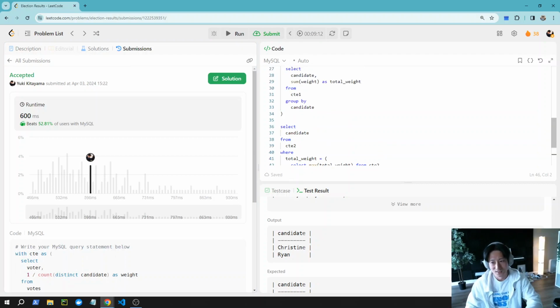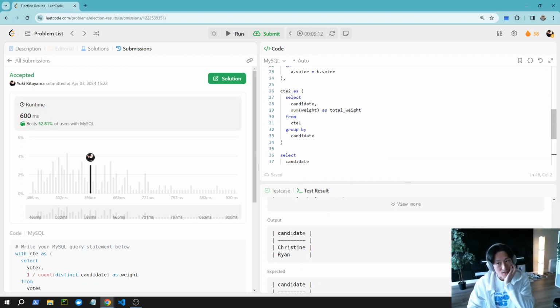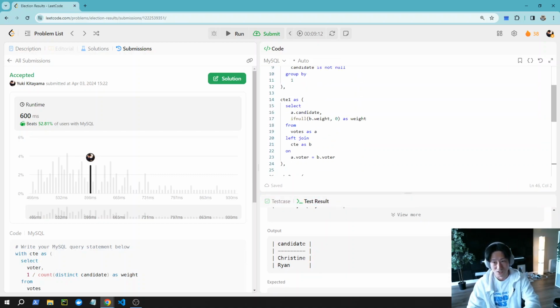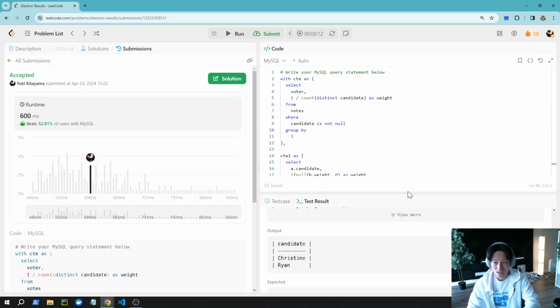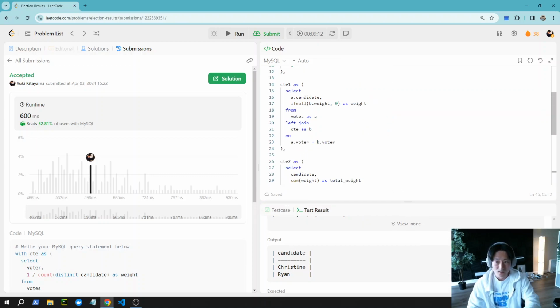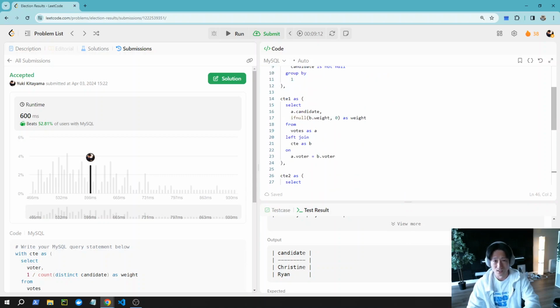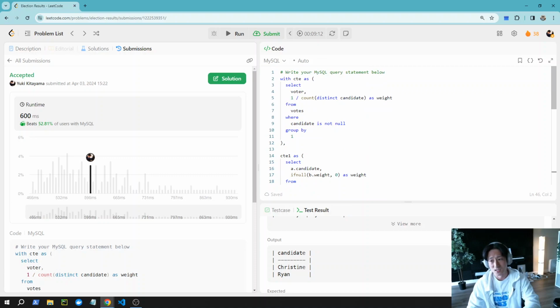Actually, when I was solving, I was kind of pessimistic that maybe I could not solve it within 10 minutes, but luckily I was able to solve it within 10 minutes. Looking at the query, maybe it's kind of lengthy. I'm creating so many temporary tables.